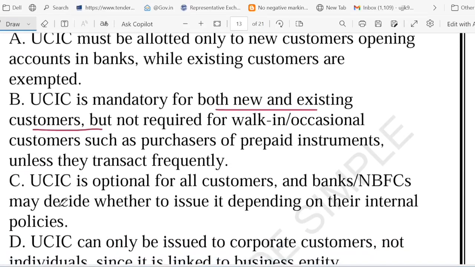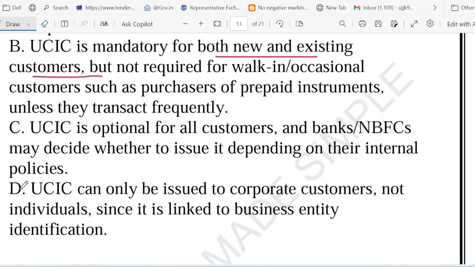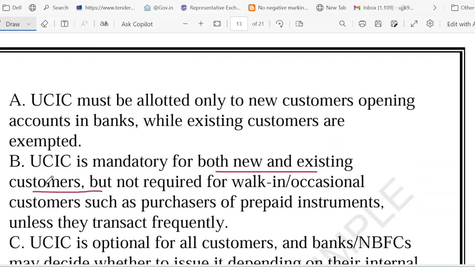Option C says UCIC is optional for all customers and banks and NBFCs may decide whether to issue it depending on their internal policy. And option D says that UCIC can only be issued to corporate customers, not individuals, since it is linked to business entity identification. So let's understand each option one by one. First of all, option number A.